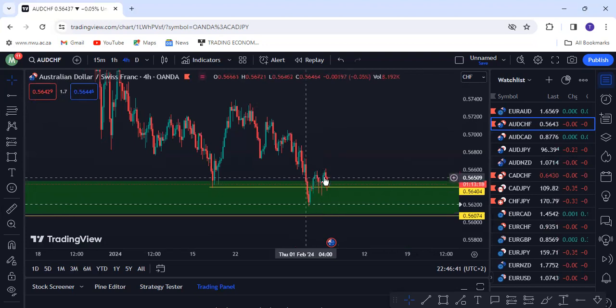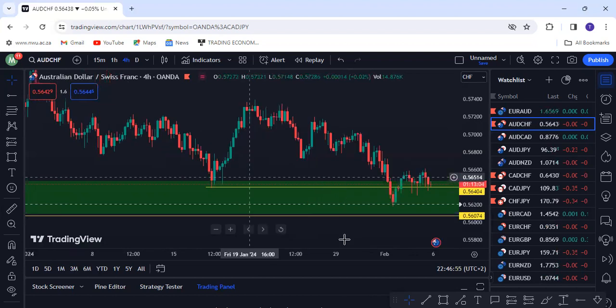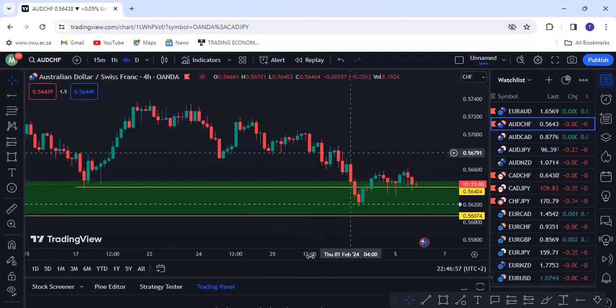This was going to be our first entry, and then this resistance was going to serve as our second entry, and then we would be having another last entry close to the lowest of this zone, right? But then we didn't take that trade because we were not in or around our charts on Friday.